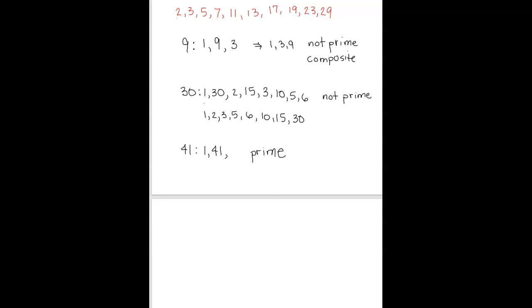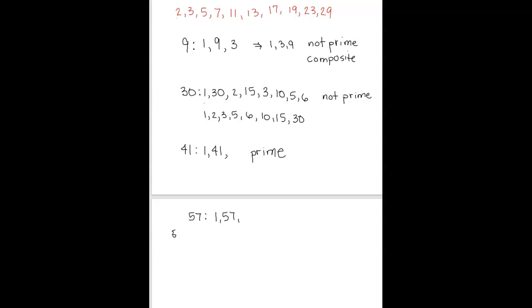Okay, so then here, let's try 57. Of course, we know we have a 1 and a 57, so that's kind of a given, right? Now, let's take a look. This doesn't end in a 2, 4, 6, 8, or 0, so this is not divisible by 2. Let's check and see if it's divisible by 3.